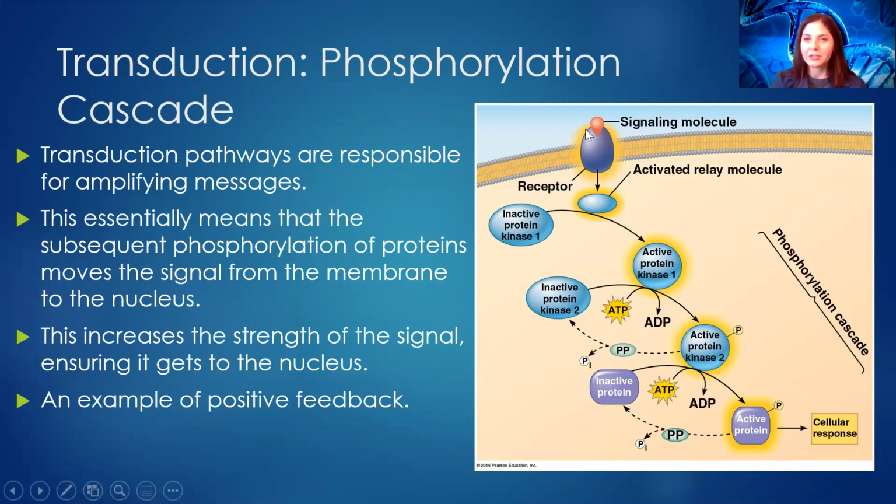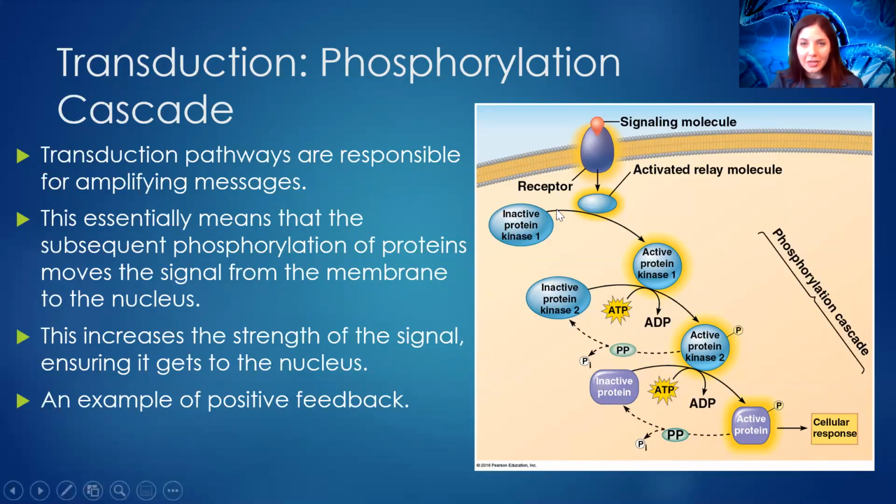So again, we have our signaling molecule, which docks with our receiving protein. This receiving protein gets activated. Now this might activate a secondary messenger, such as cyclic AMP. So it might activate the enzyme adenylyl cyclase. Adenylyl cyclase will then start creating our cyclic AMP, which is our secondary messenger.